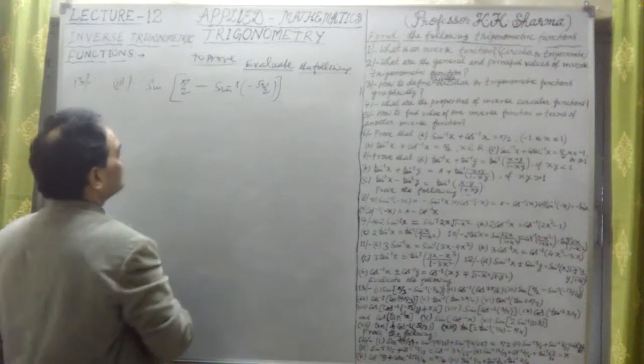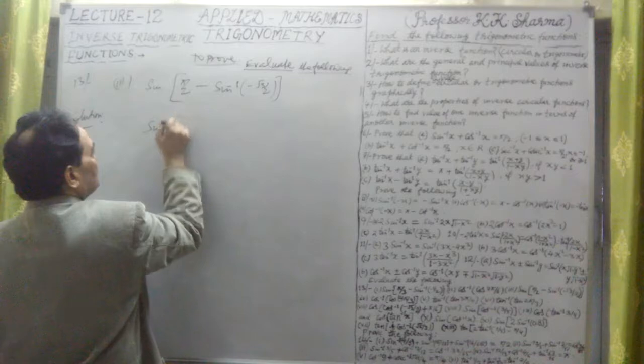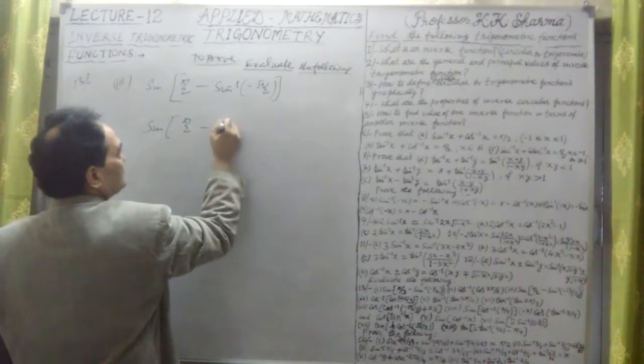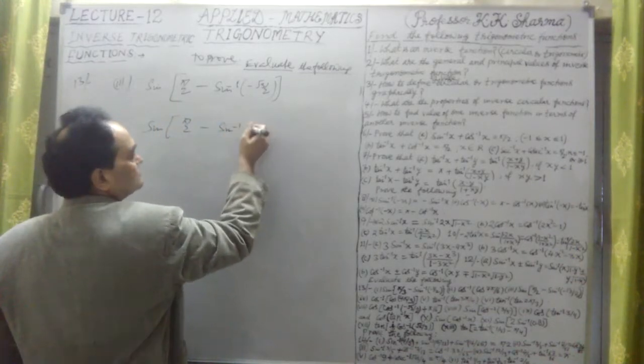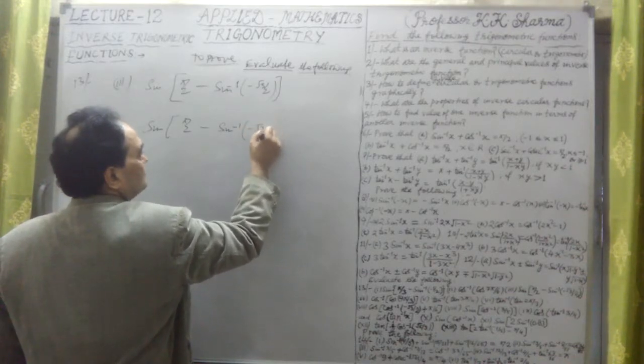Alright, let us take this value. Sine of pi by 2 minus sine inverse of minus root 3 by 2.